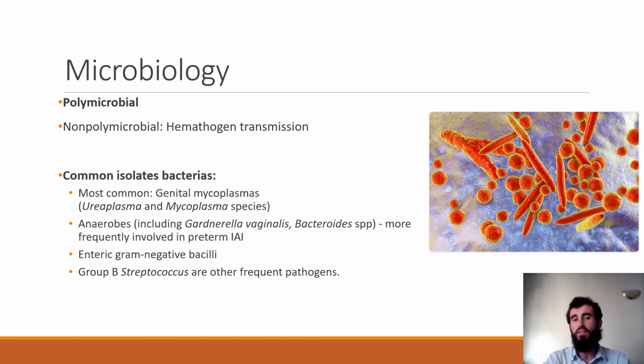Non-polymicrobial infection we will see in the hematogenous transmission, as with Listeria, Staphylococcus aureus, etc. The most common bacteria isolated in chorioamnionitis are genital mycoplasmas, like ureaplasma and mycoplasma species. And we also will find anaerobes, enteric gram-negative bacilli, or GBS, group B streptococcus.